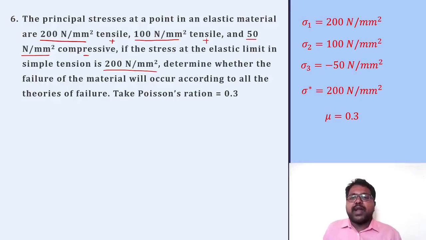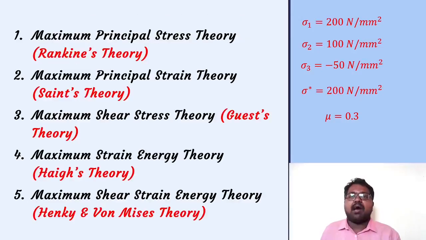What we need to find here is whether the material is going to fail or whether the design is not going to fail. We need to check with all theories of failure. So first we have 5 theories of failure.